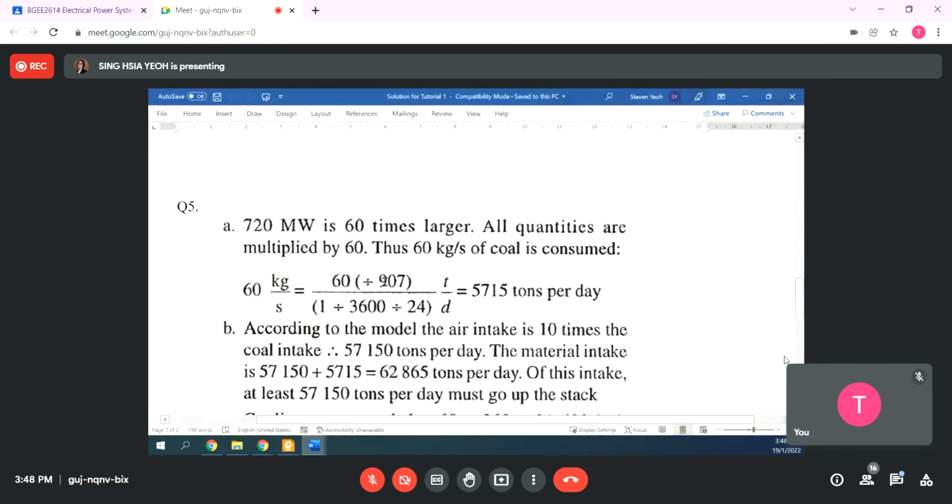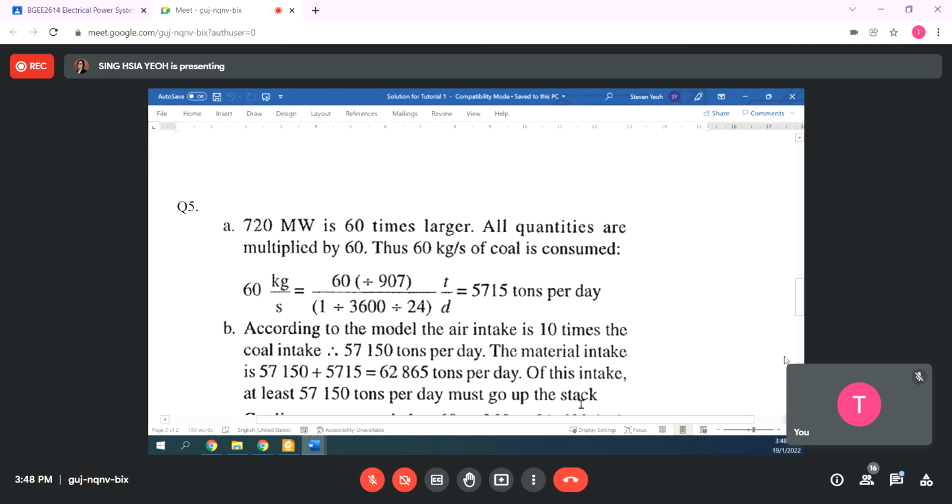So according to the model, the ash intake is 10 times the coal intake, so 157,150 tons per day. The material intake will be these two raw materials burning together, so these two added together. Out of this intake, at least the ash part must go up the stack.